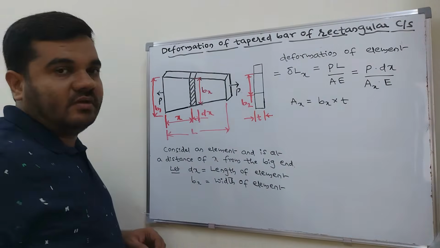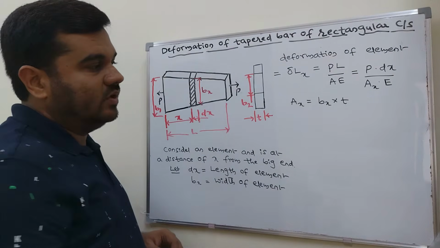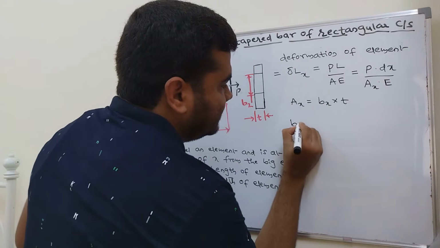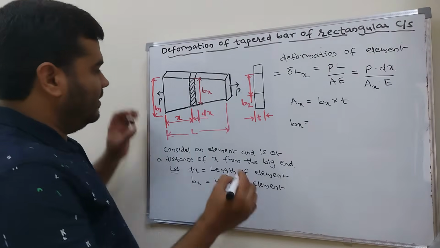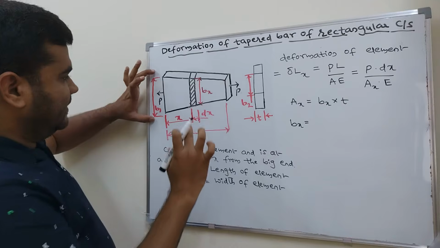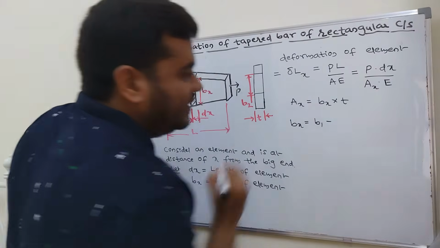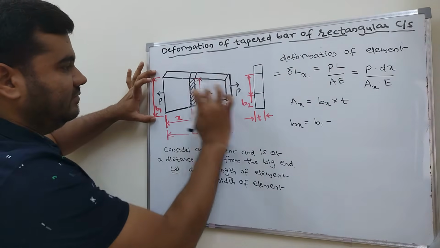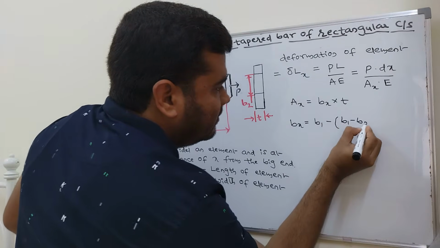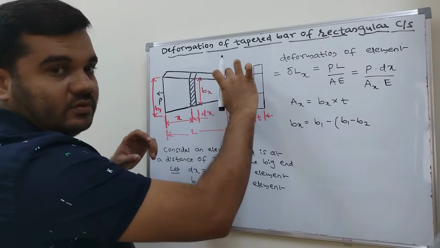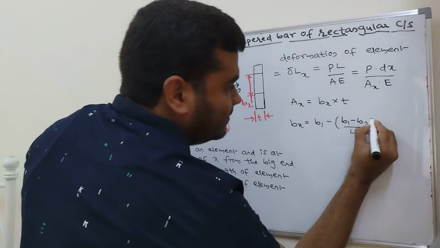Now I want the width of the element, bx, in terms of B1 and B2. The width of the element is B1 minus something: (B1 minus B2) upon length, into x.